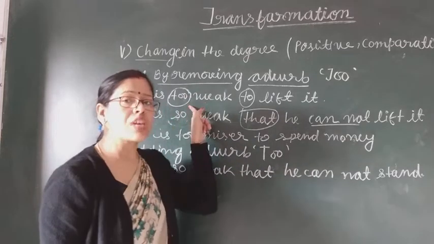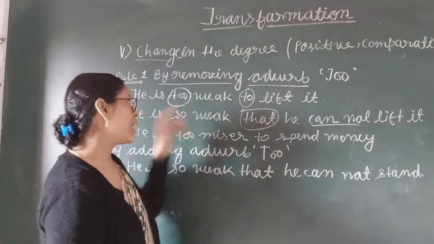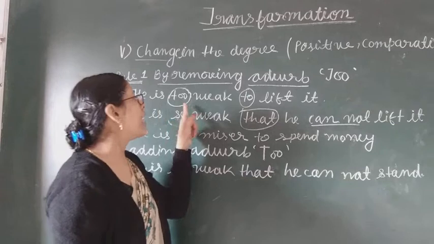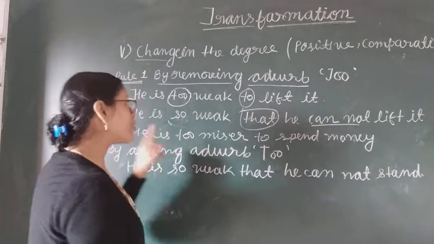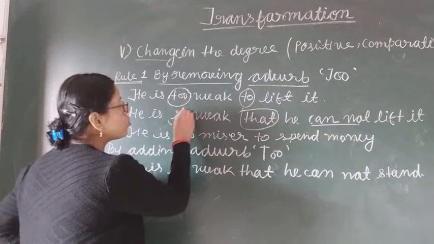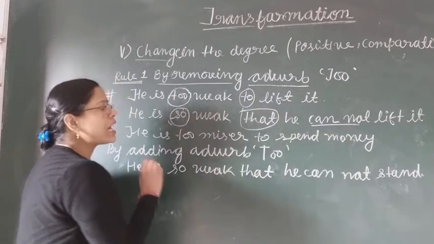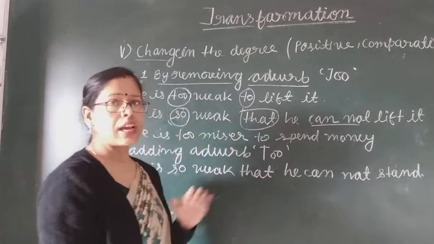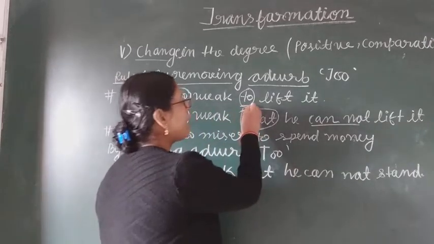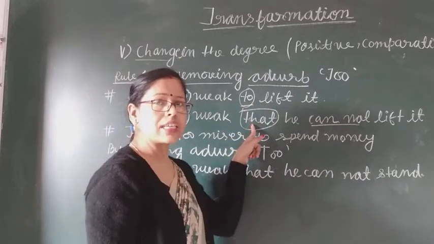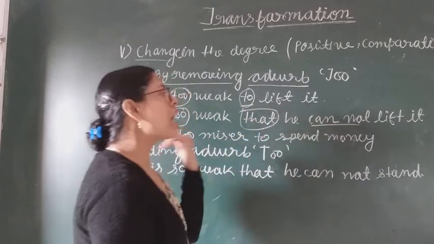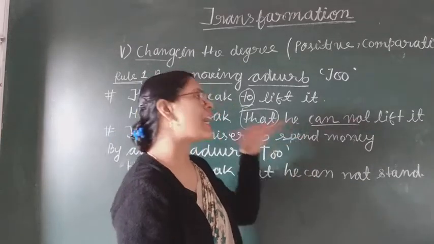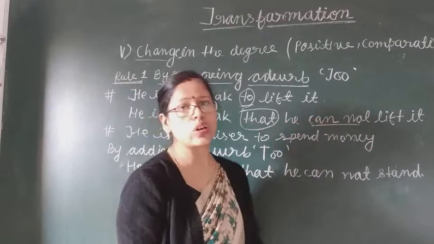Here we have replaced the adverb too with so. In place of too we write so, then the same adjective: he is so weak, and after that we add that. Then the subject, and after that we add cannot.